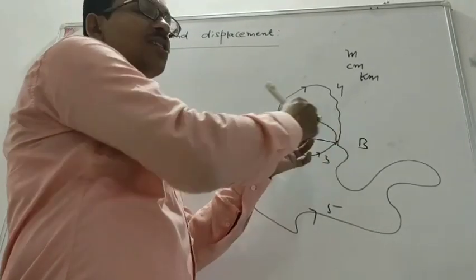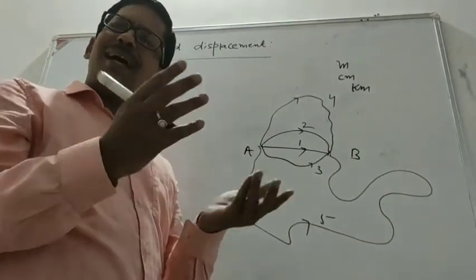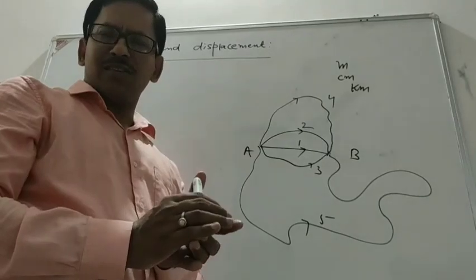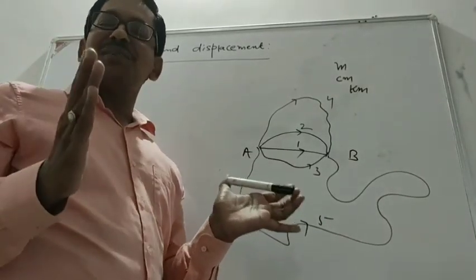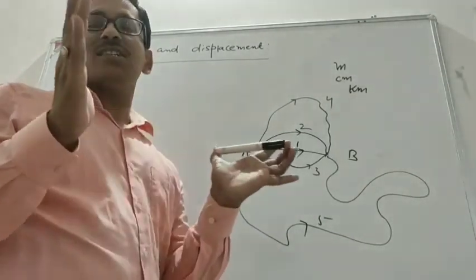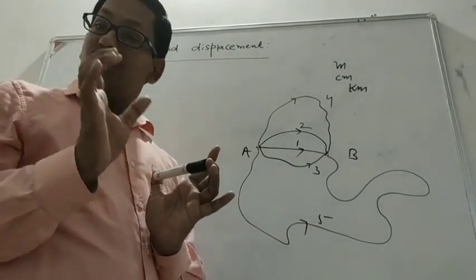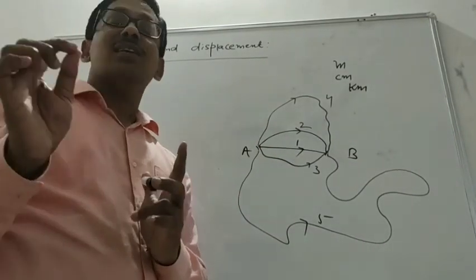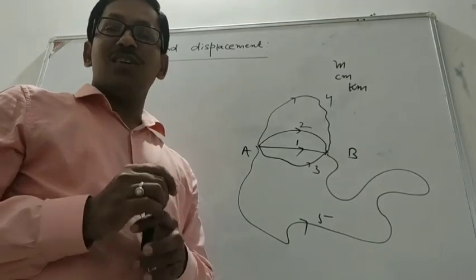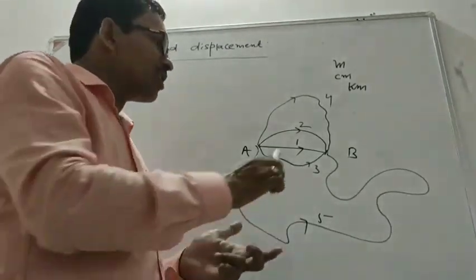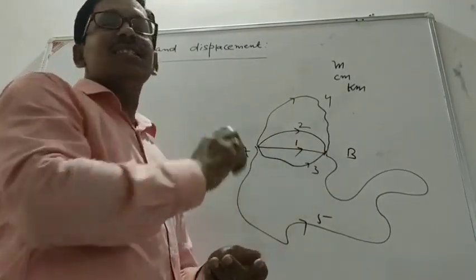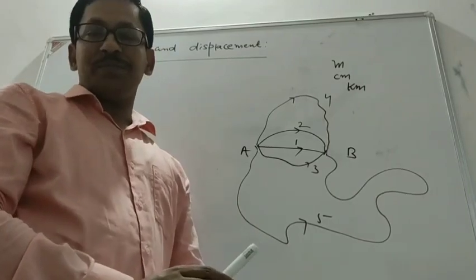The straight line from A to B is the shortest. Which path you may follow does not matter. The displacement remains the same. It is the shortest distance between initial and final position. That is called your displacement. So here the displacement is the shortest distance between A and B.